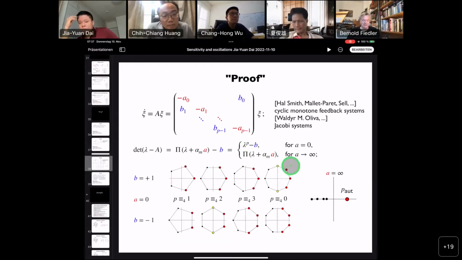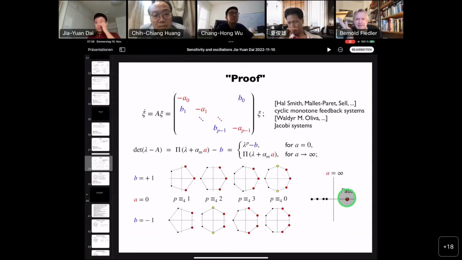A equals 0 is on the left here. And a equals infinity is easy because you see the positive alpha m's, the positive a's here, the usual case gives me negative eigenvalues, and the autocatalytic ones give instability. Oh, the chemists somehow always knew that, you know, that autocatalysis generates some sort of instability.